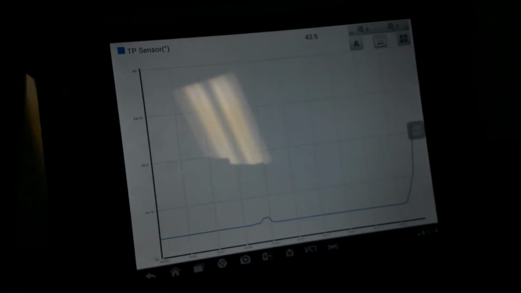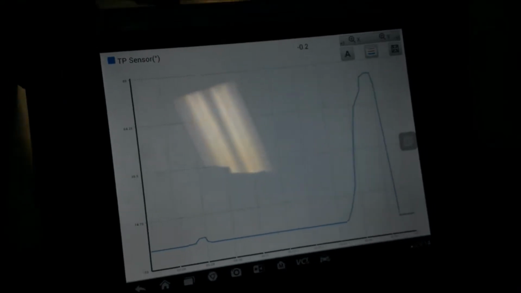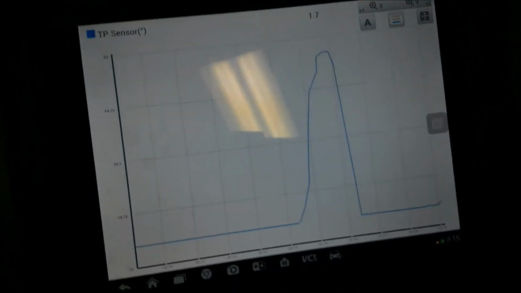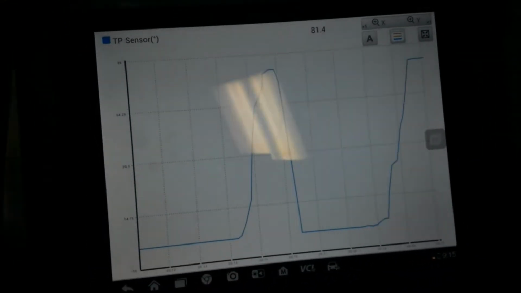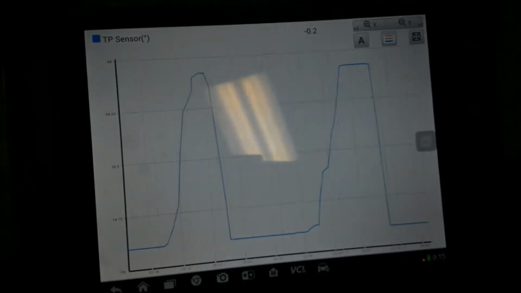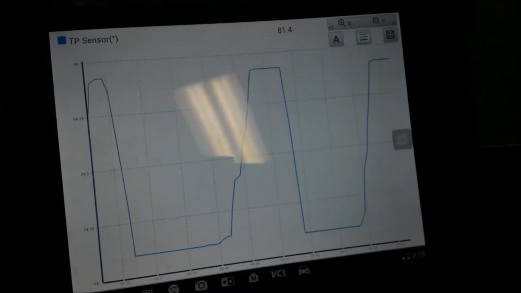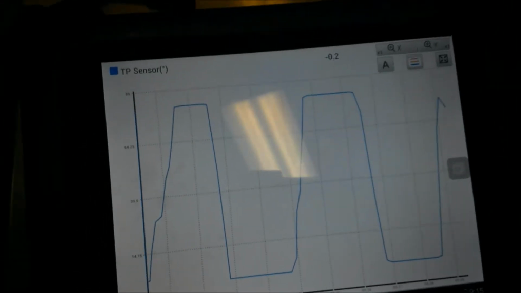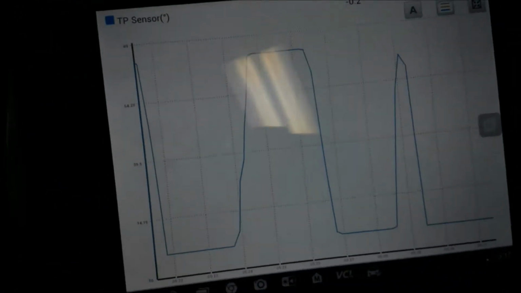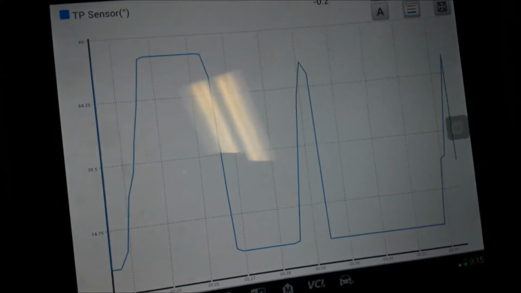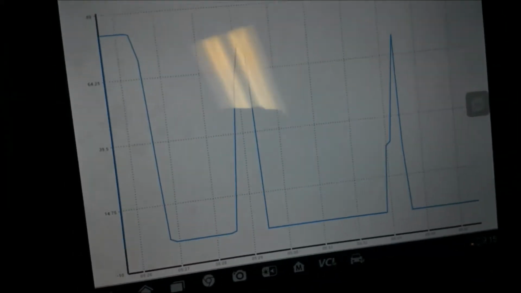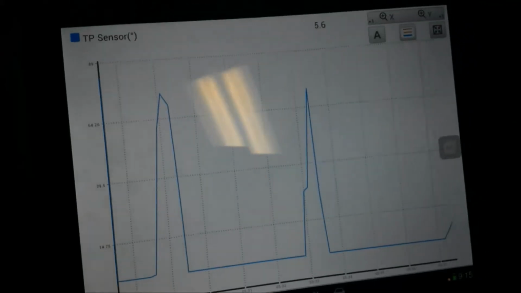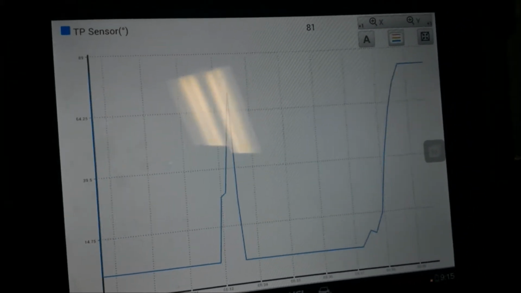So right here we're looking at the live data for the throttle position sensor, and that spike right there is from us opening the throttle. And that was held open, and there's your snap right there. So this will just show you the live data, what the sensor is sending, and from the looks of it, this sensor is good.